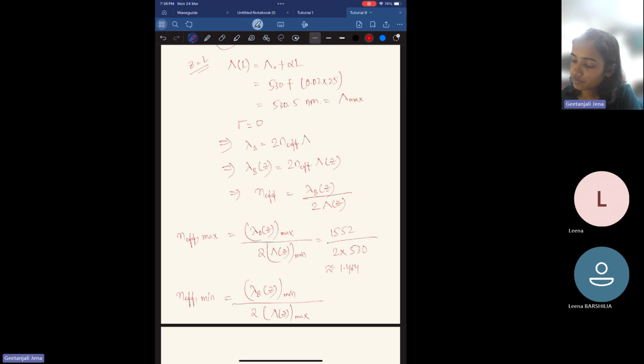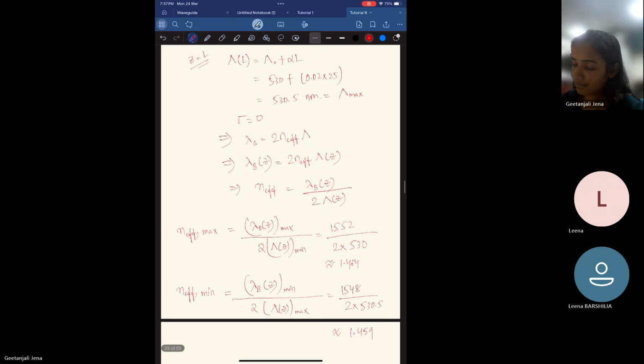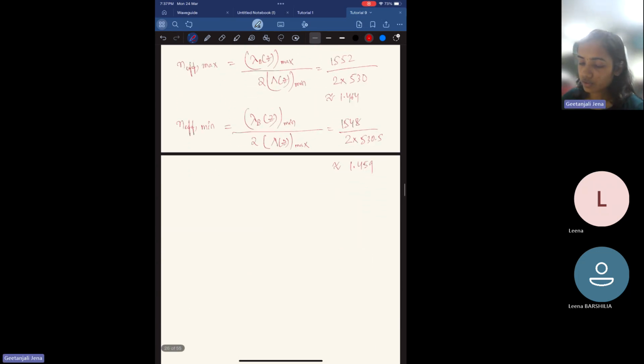Lambda b minimum is given 1548 nanometer, and the maximum period is 530.5. So this will come around 1.459. Okay, so now we have the answer. The effective index will lie in the range 1.459 to 1.464.